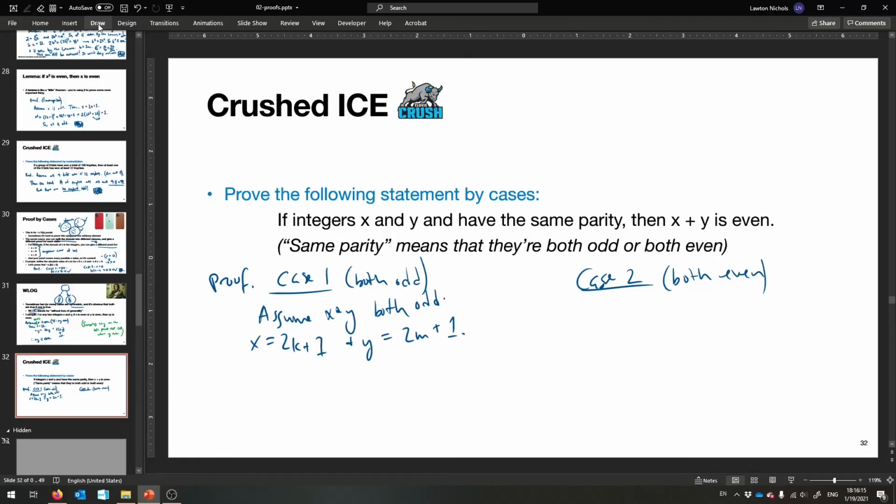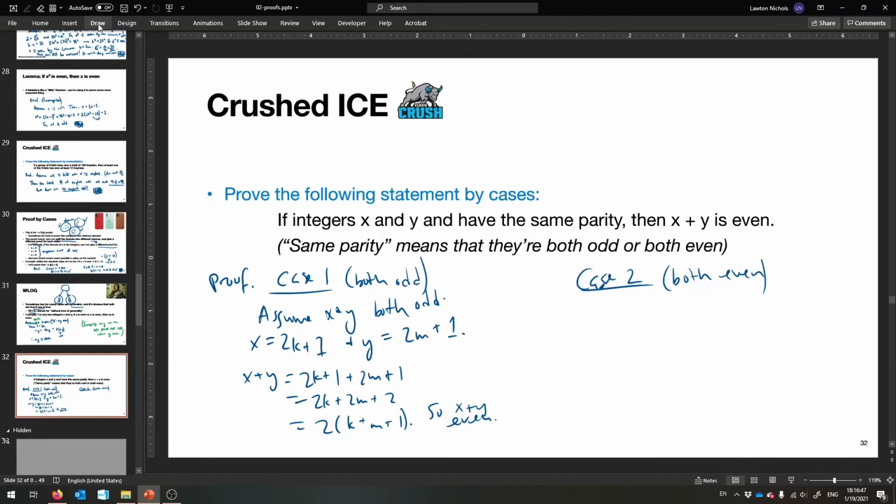And then we have to show that x plus y is even. x plus y equals 2k plus 1 plus 2m plus 1, which equals 2k plus 2m plus 2, which you can take a 2 out of: 2 times (k plus m plus 1). So x plus y is even in this case.